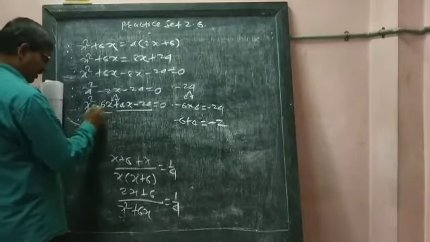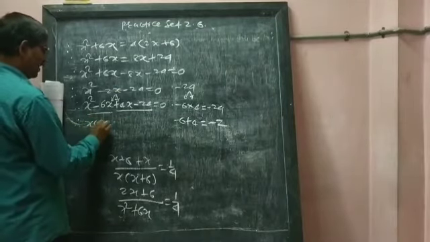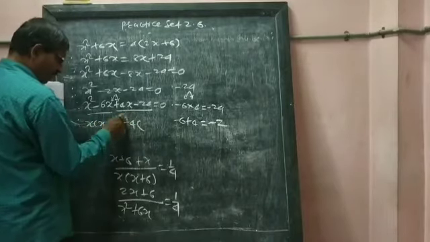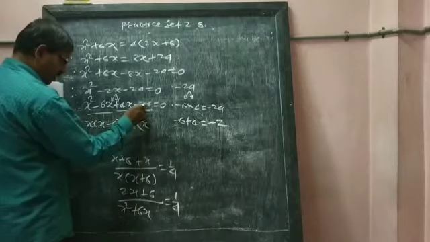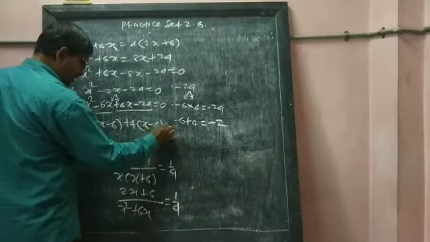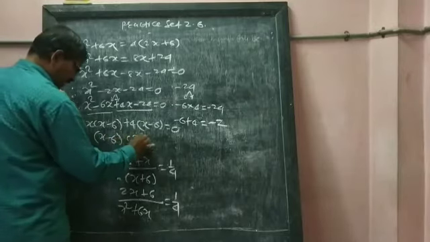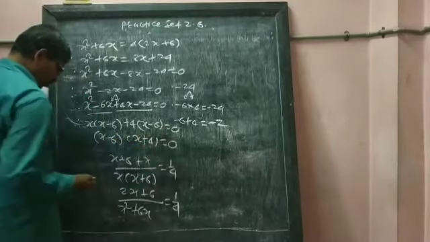Then we should take common x in bracket x minus 6, and from these take 4 out: 4x divided by 4 means only x, and 24 divided by 4 is 6. Thus x minus 6 and second bracket x plus 4 is equal to 0.